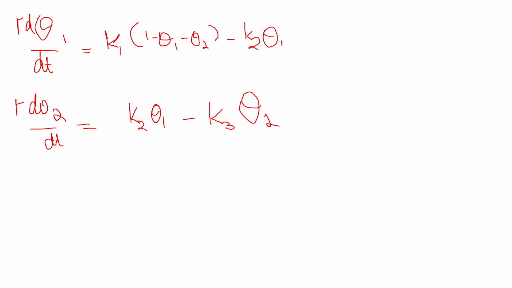So here you have two equations. Now you have to find out what theta 1 is at steady state and what theta 2 is at steady state. So what can be done? As we had done previously, you will have to equate both to 0. You have to take both equations and try to express one in terms of the other. If you solve this, you will get an equation of theta 1 in terms of theta 2. So basically it will be K2 into theta 1 ss equal to K3 into theta 2 ss.